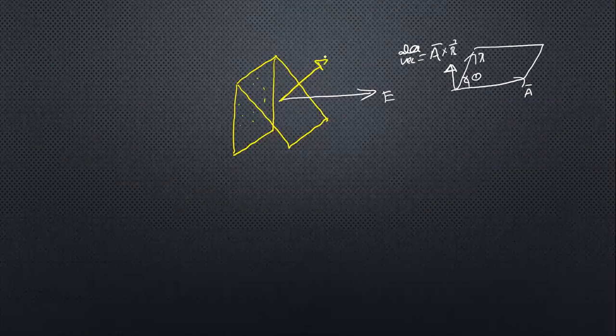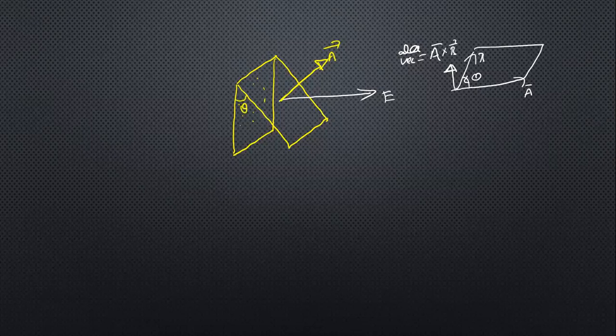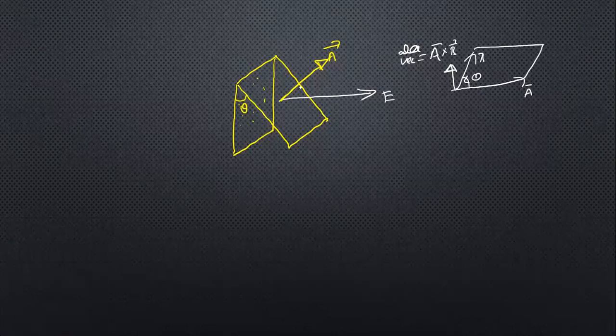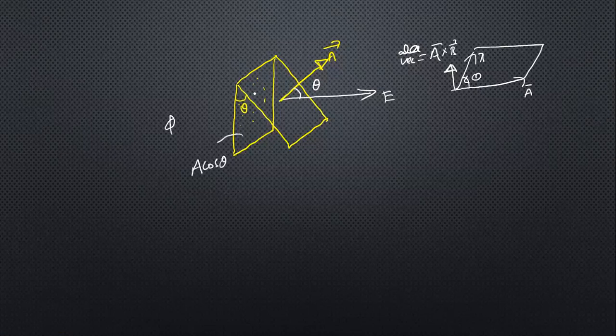This is my area vector. If this angle is theta, children, you will also see that this angle also will be theta. And we said this was A cos theta. And we said flux through the actual surface is EA cos theta. Do you follow? Therefore, now in general, I can say flux equals E bar dot A bar.